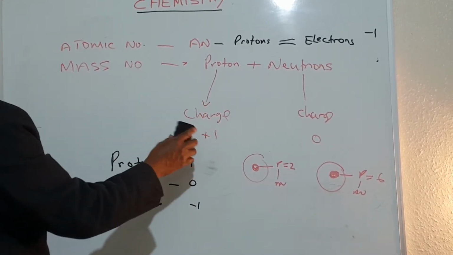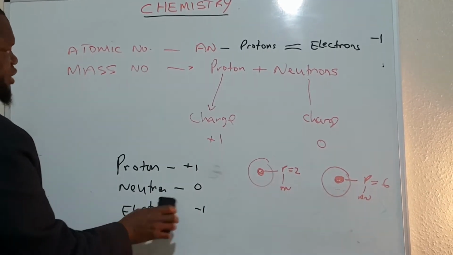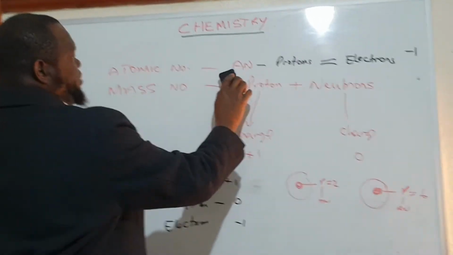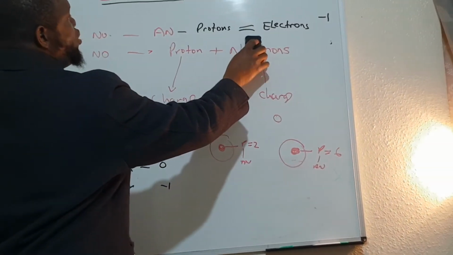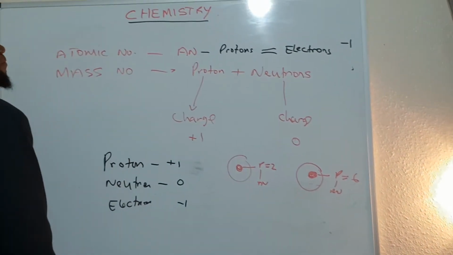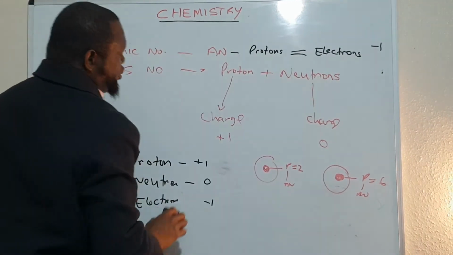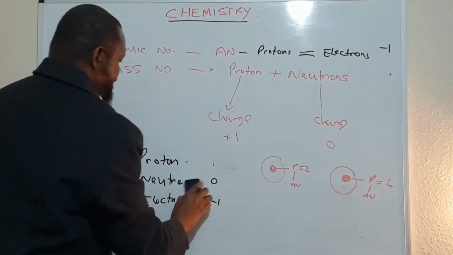Simple summary. Charges: proton +1, neutron 0, electron -1. Atomic number, AN, is the number of protons in an atom, but they are equal to the number of electrons. The mass number is the number of protons plus the number of neutrons.